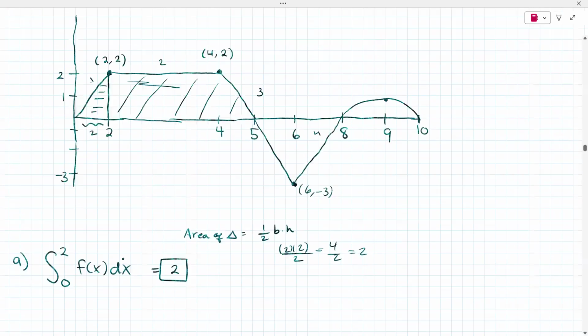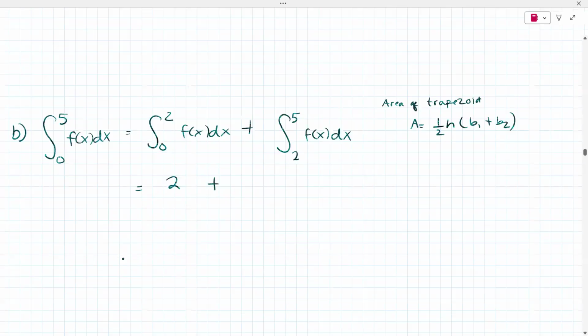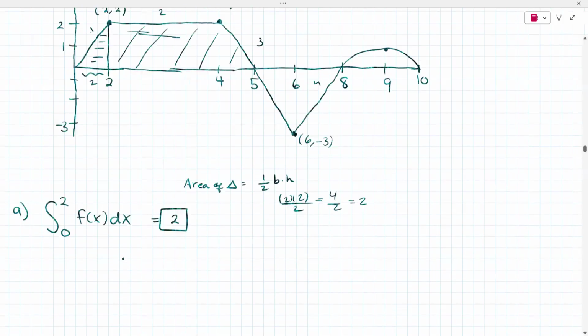So what is the height? The height is 2, right? The height is 2. So it's going to be 1/2, and the height is 2, times base 1 plus base 2.